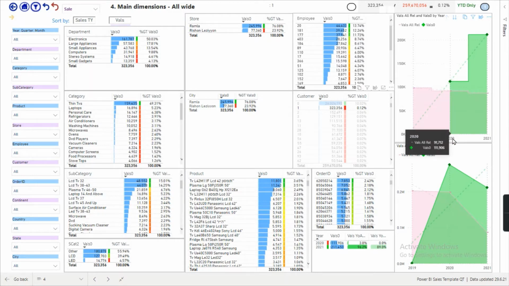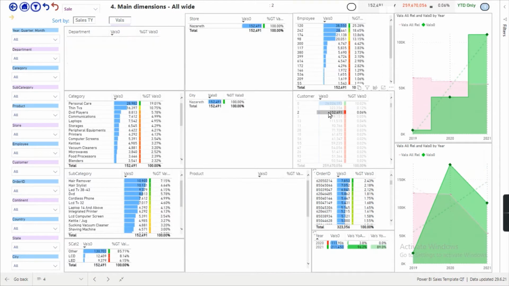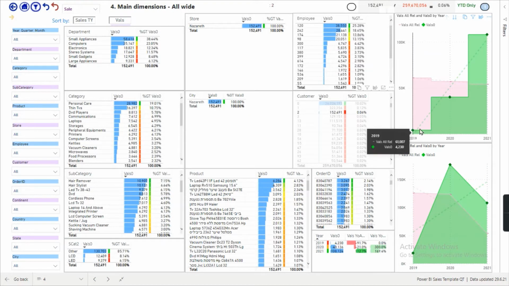It sold above average in 20 and twice the average in 21. Nice. Another one was low, nearly average, and twice the average. Okay, so we can see when, okay, that's enough for this page.